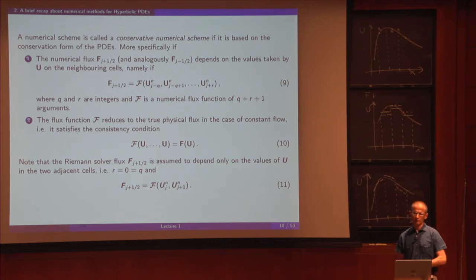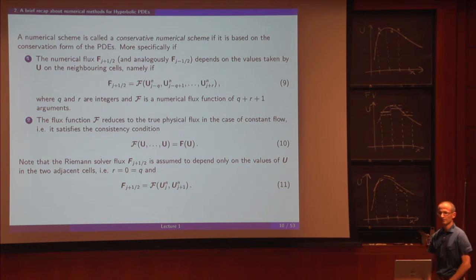I said at the beginning we need to make the notion of a conservative numerical scheme a bit more precise, because there is something to stress. A conservative numerical scheme must be based on the conservative formulation of the equations. And we require two things. First, the numerical flux at each interface must depend on values of the quantity U in neighboring cells. It can be a number of cells involved.